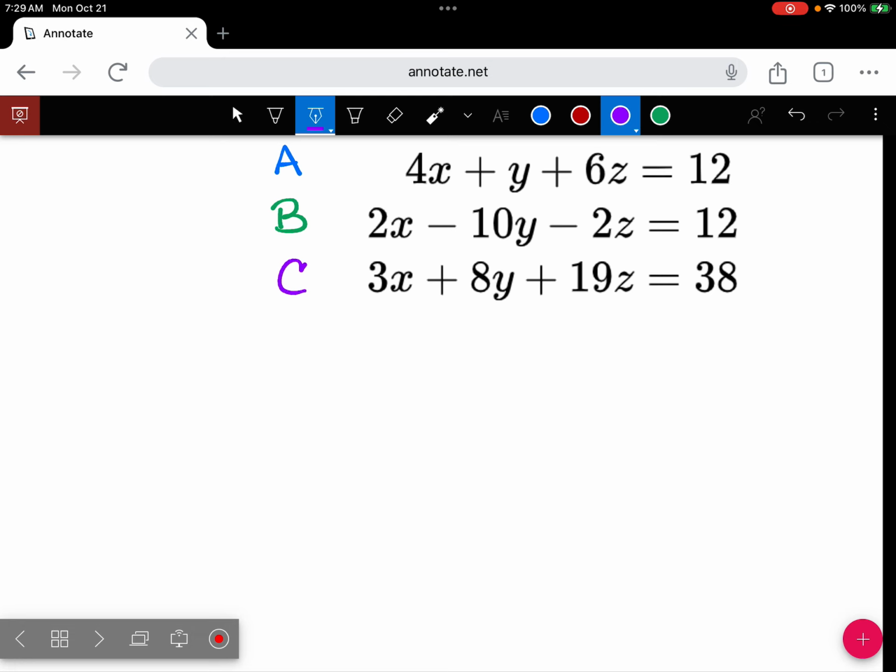Because what we need to do is we need to take these 3 equations and we're going to do 2 things to combine them. So I'm going to make pairs of equations, and we are going to eliminate one variable out of both pairs of equations. So I'm going to choose one variable that has no coefficient.